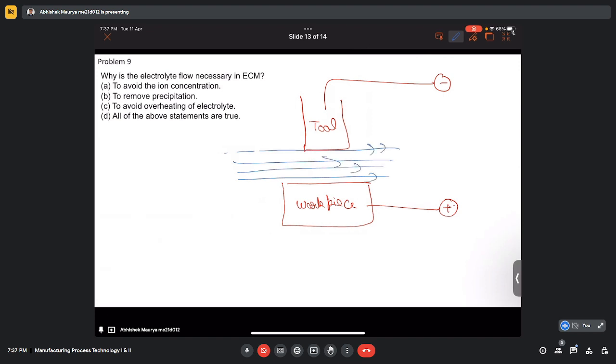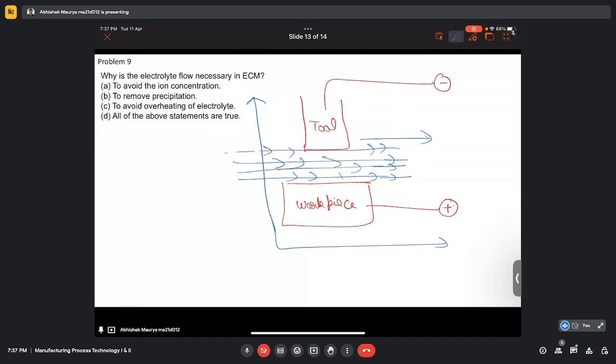Always I am using flow of electrolyte. This electrolyte which we are giving is flowing, it is not constant, it is not stable. So why is this flow required? Already we know what happens when we apply potential. Because of the electrochemical reaction, the workpiece is reacting with the electrolyte.